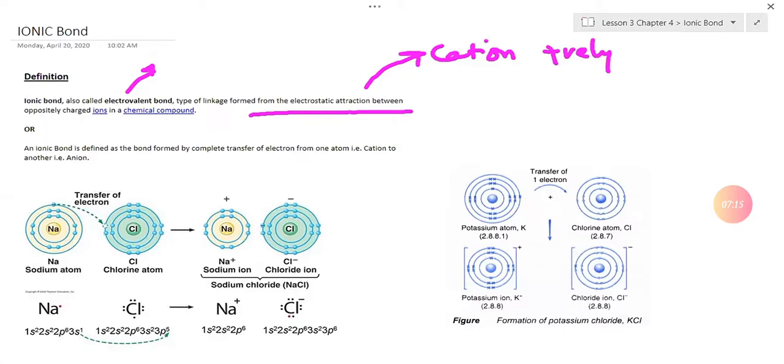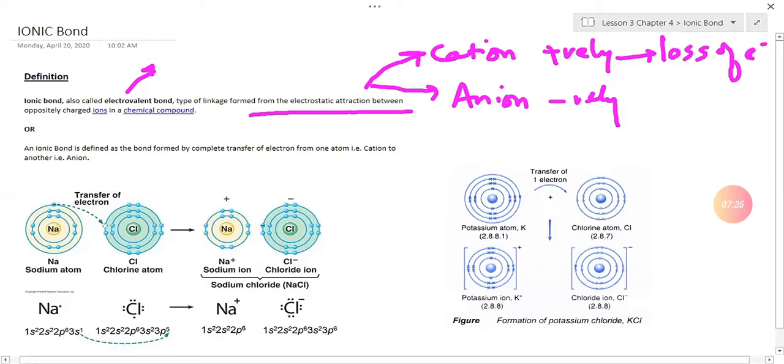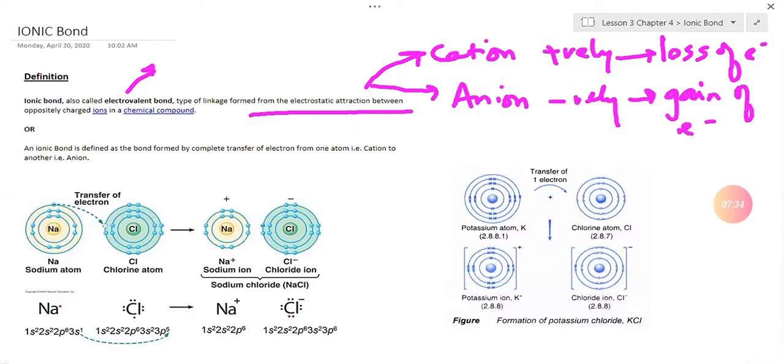Cations are positively charged, whereas anions are negatively charged. Cations are formed due to loss of electrons. Anions are formed due to gain of electrons. So, when cations and anions are held together by strong electrostatic forces, this is called ionic bonding.